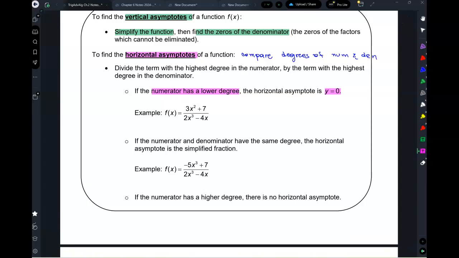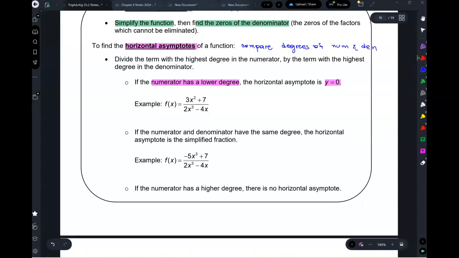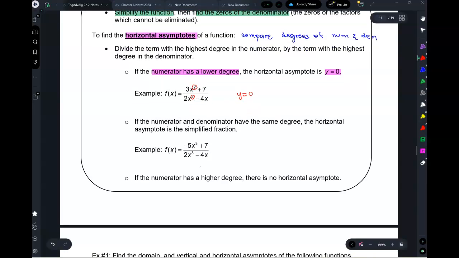So like this one, okay? Numerator on top has a lower degree. So look at the degrees here. Over here, I have x to the 2. Over here, I have x to the 3. I can literally ignore everything else in that function. Just look at the highest degree on the top, the highest degree on the bottom. Because it's lower on top, I automatically, with my eyes closed, say okay, horizontal asymptote is y equals 0. Because this is lower.